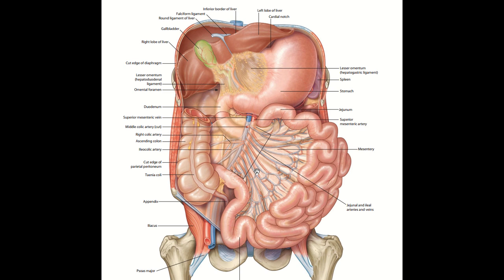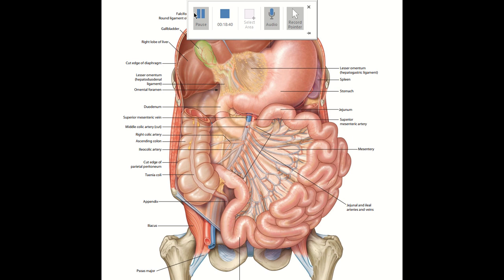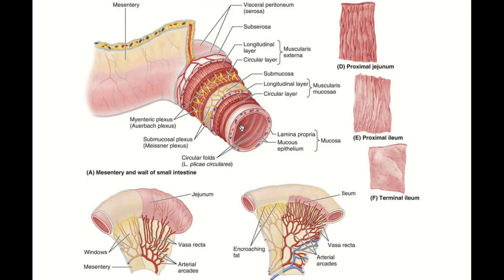Differences between the jejunum and the ileum. Let's take a look. Right, so this is the wall of your small intestines. From histology we understand we start with the epithelia, which is simple columnar epithelia.